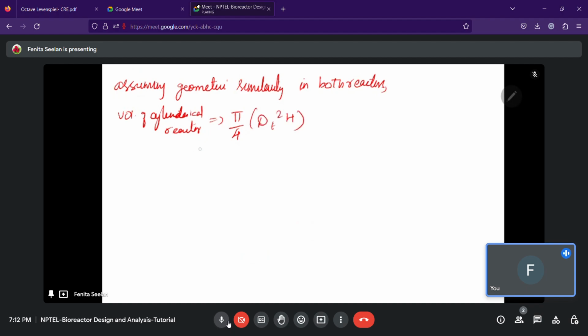We know from there that H is equal to 3D. So if you substitute this, pi by 4 dt cube into 3. The volume was 10,000 liter.